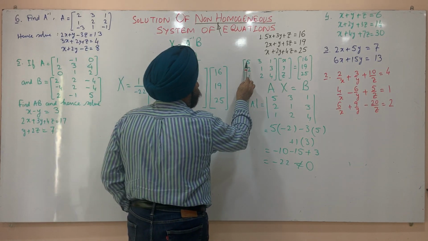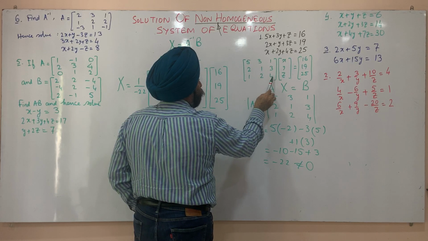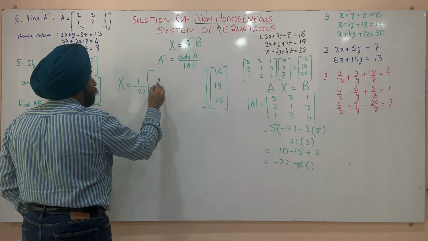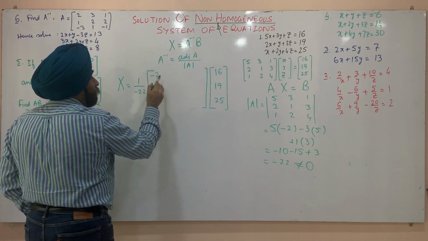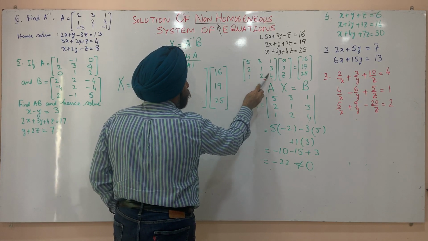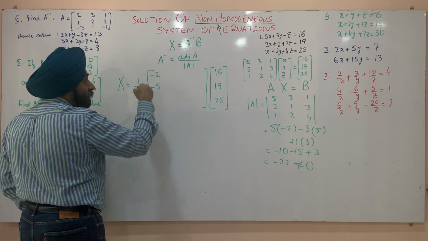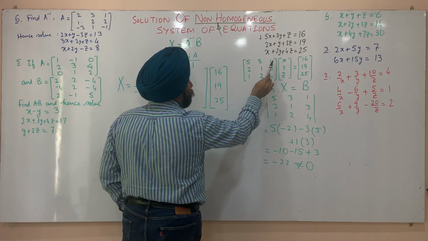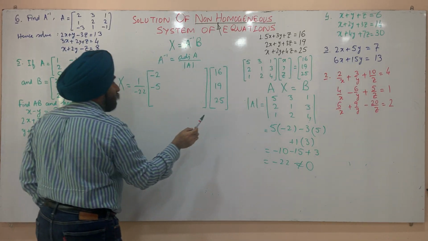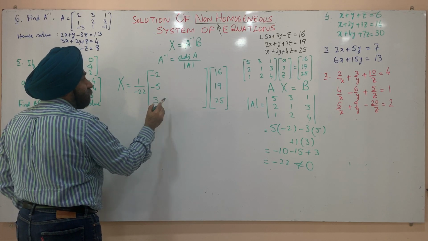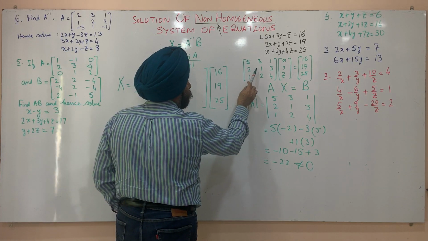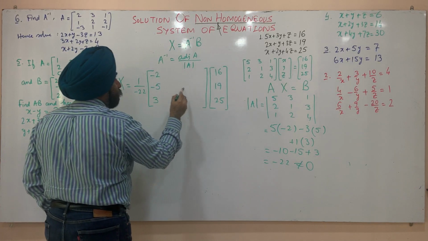So the cofactor of this element is 4 − 6, which is −2. The cofactor of this is 8 − 3, 5, and it's −5. Let's write it here, taking transpose. Then for this, 4 − 1, 3. For this element it's 12 − 2, 10.